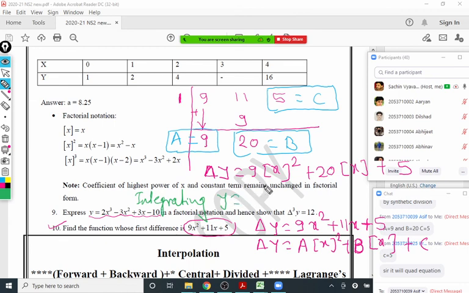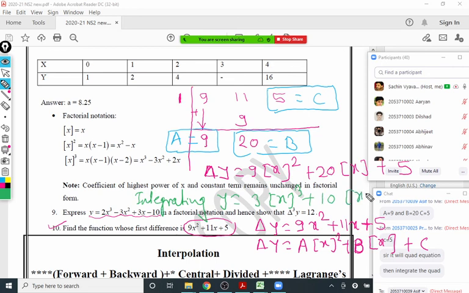Y should be 9 into x cube by 3, so it is 3 third factorial of x. Okay, now it is correct. 20 upon 2 is 10 into second factorial of x plus 5 into first factorial of x plus the constant of integration, say alpha. Now you should simplify this.